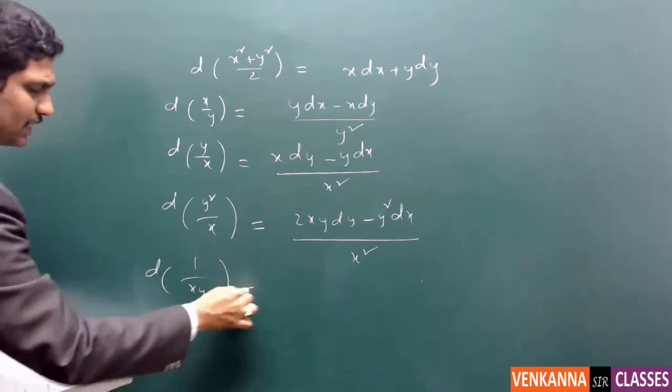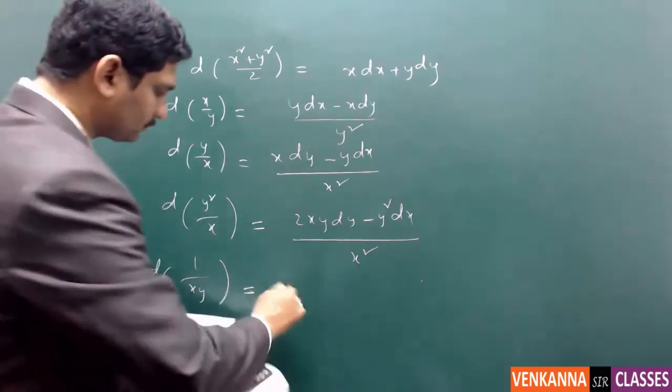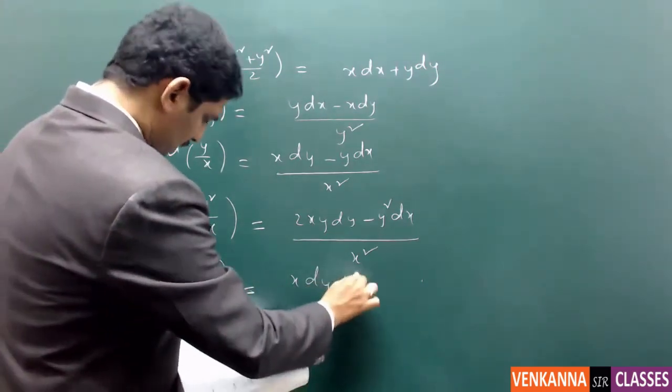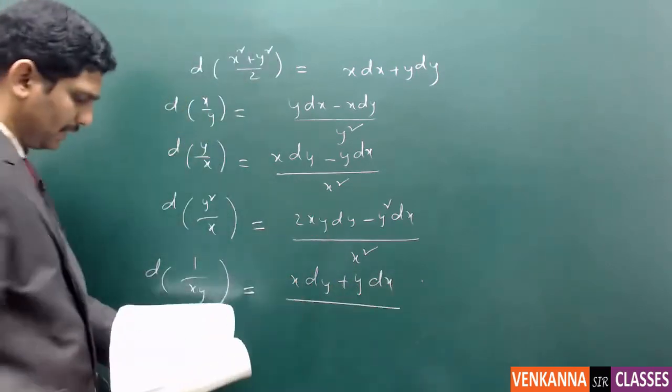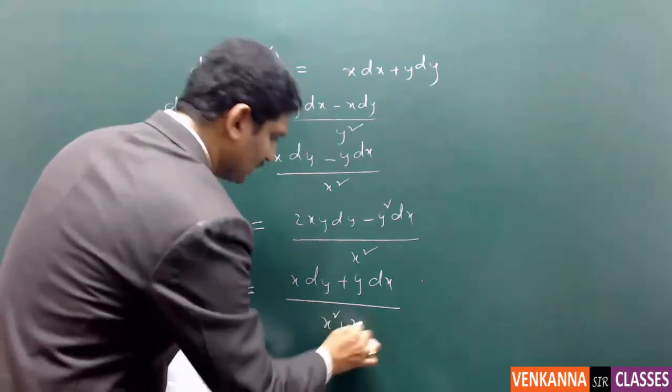Derivative of 1 by xy is equal to minus (x dy plus y dx) by x square y square.